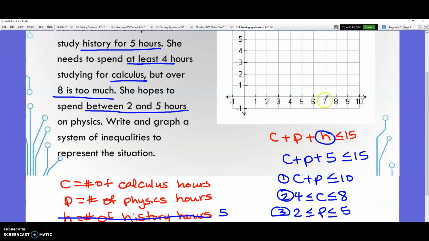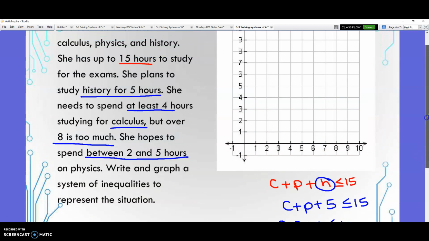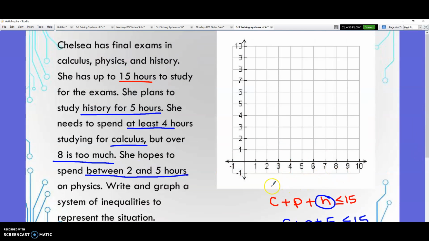So for my graph, one of my axes has to be the number of calculus hours, and then this will be the number of physics hours.